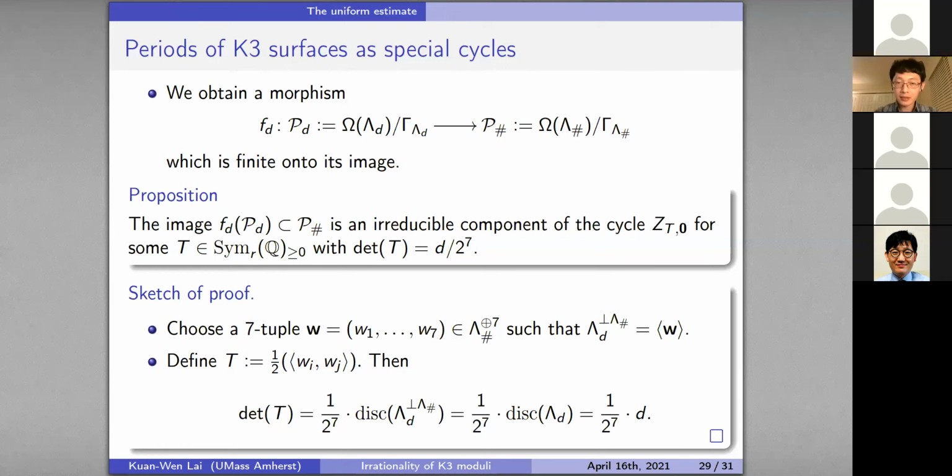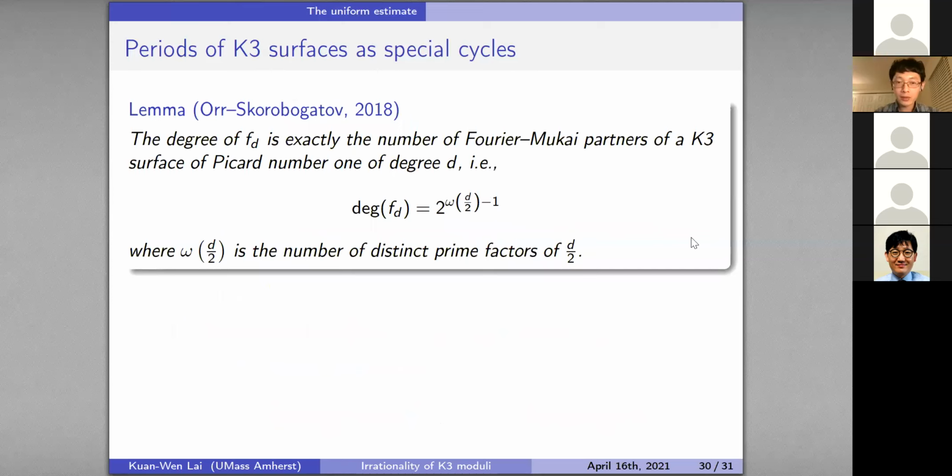It turns out that the degree of this morphism will be the same as the number of Fourier-Mukai partners of a general K3 surface of degree D, which, by what we saw, is 2 to the omega of d over 2 minus 1. Here, omega of d over 2 is the number of distinct prime factors of d over 2. This is actually not hard to see from the construction of F_D.